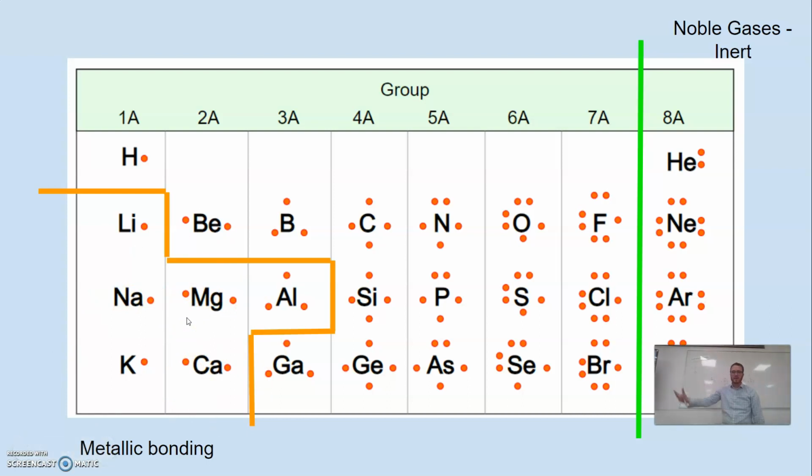Those electrons are very easily lost, and typically will form bonds with one of these atoms over here. These other atoms in between, right, in the middle, will all form covalent structures. Notice that beryllium and boron, despite them being in group 2 and group 3, they're a bit special. They're special exceptions to the octet rule.